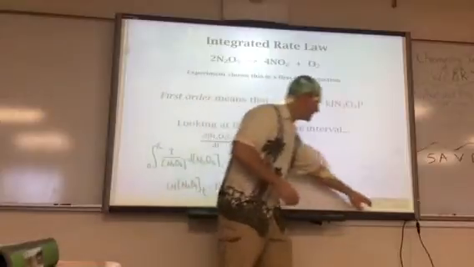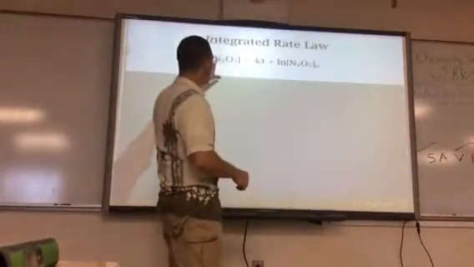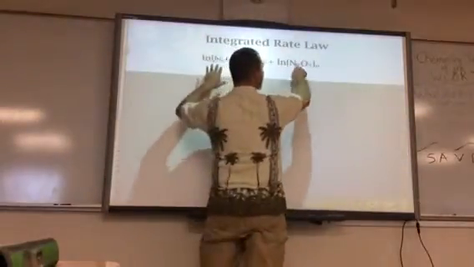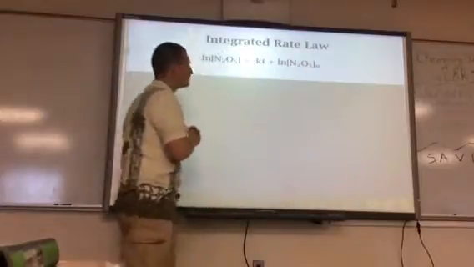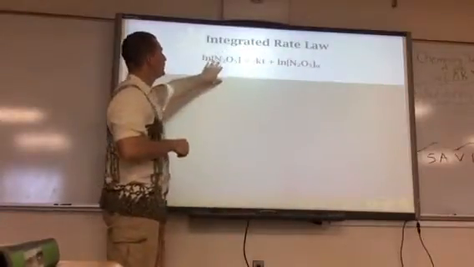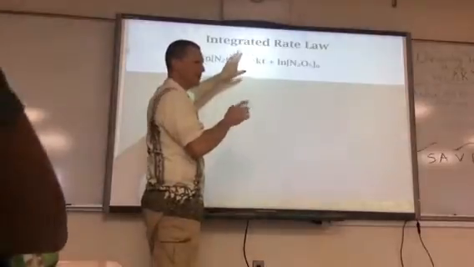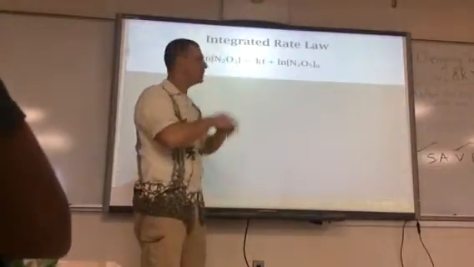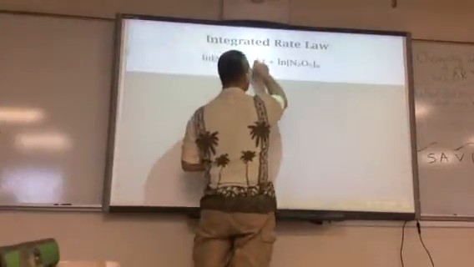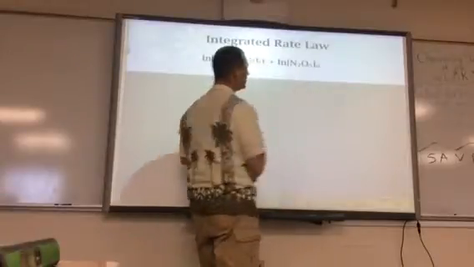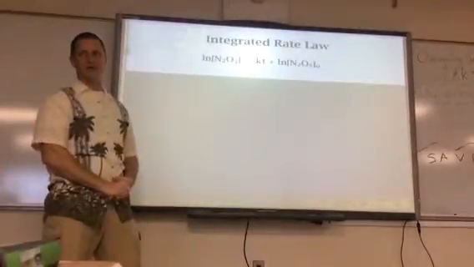So on the next slide, you're going to see the same equation but I have moved this constant number over to the right. So the natural log of N2O5, I've taken out the little subscript t too. It just means at some time t, equals negative kt. That negative sign's got to be there, plus natural log of the initial concentration.